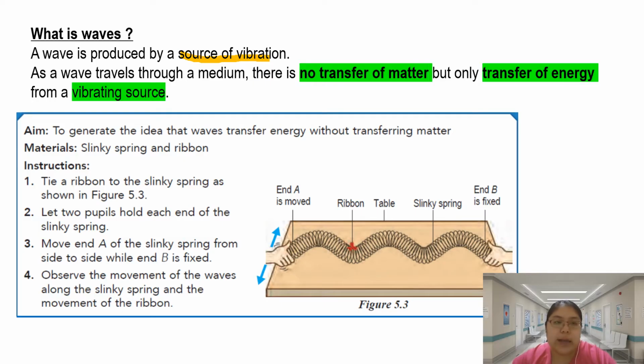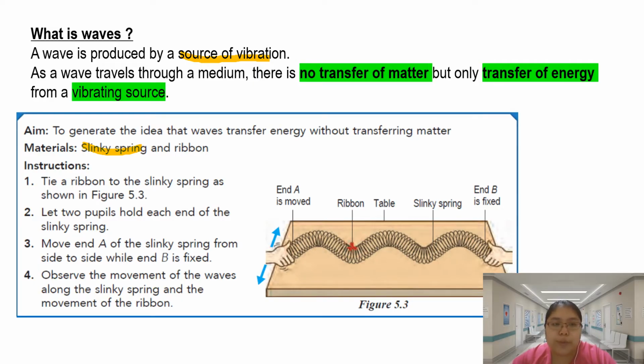Okay, let's see an example activity from your textbook. They want to show the idea that waves transfer energy without transferring matter. They are using a slinky spring and also a ribbon. You see the ribbon tied to one part of the slinky spring.